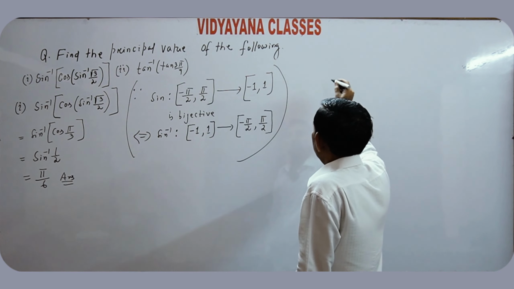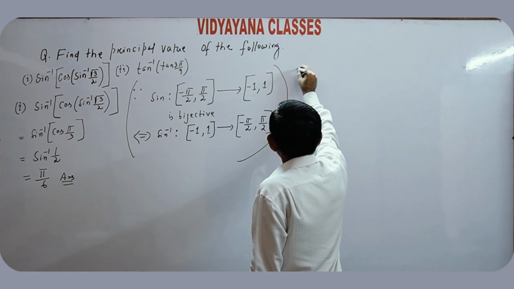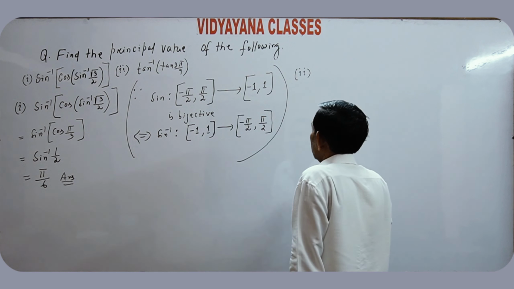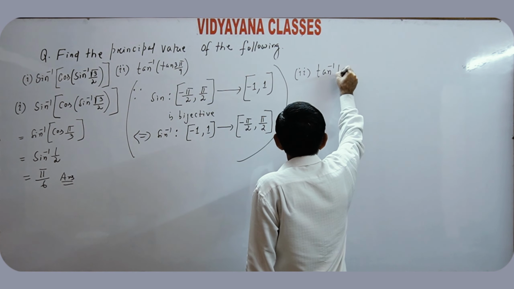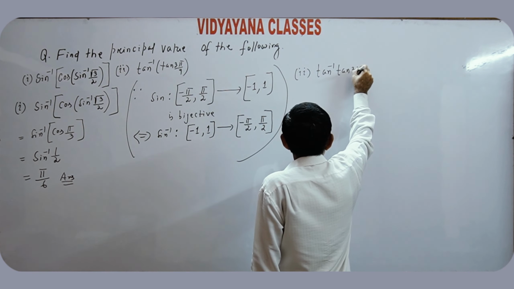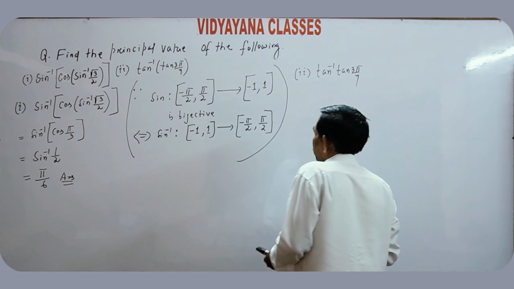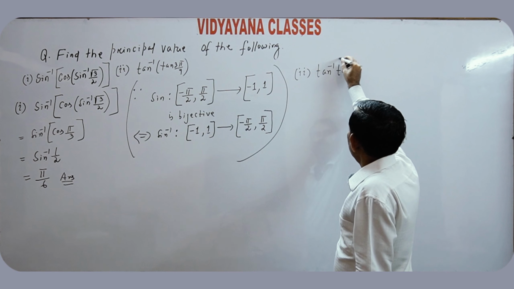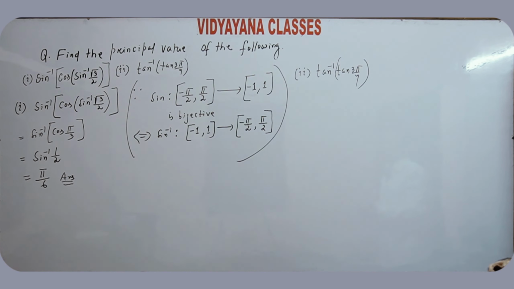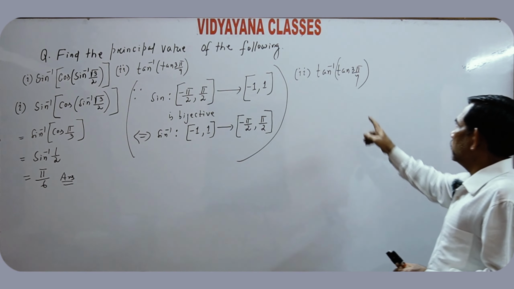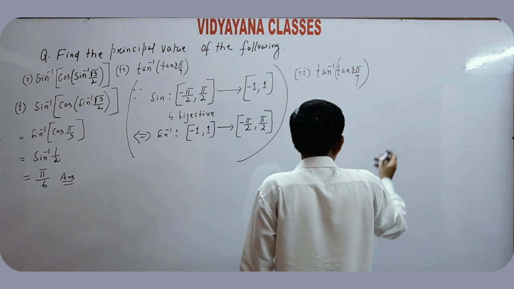Second bit, tan inverse tan 3 pi by 4. What is the principal value of this inverse trigonometric function?